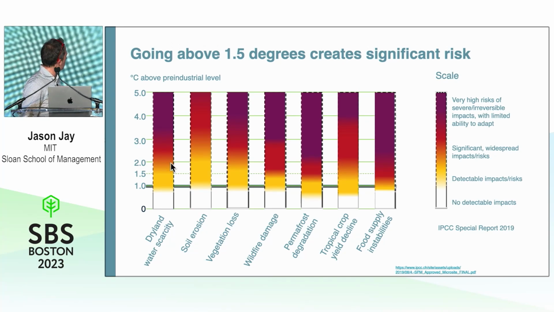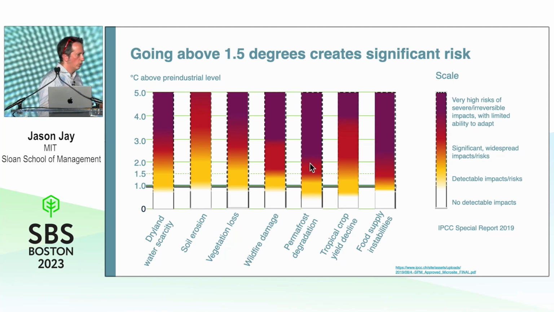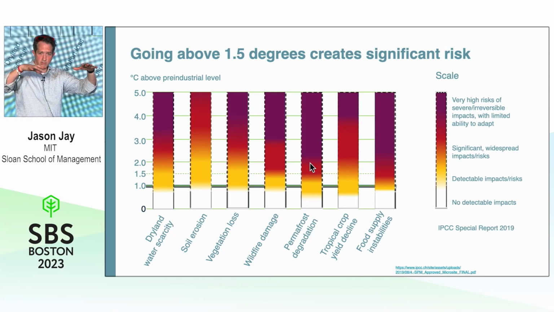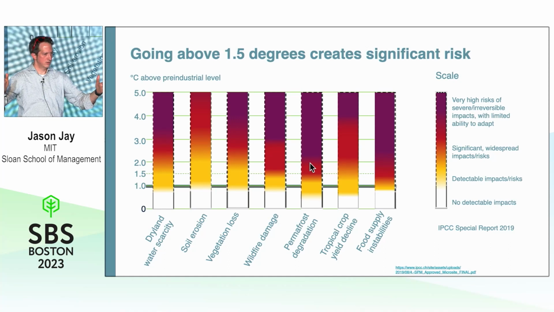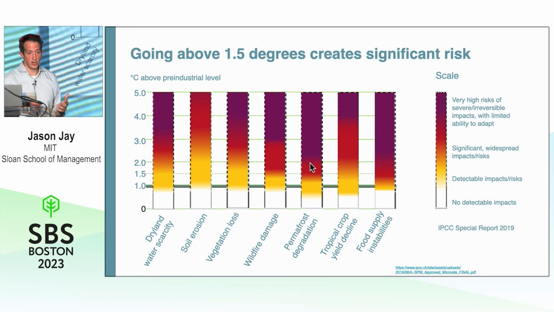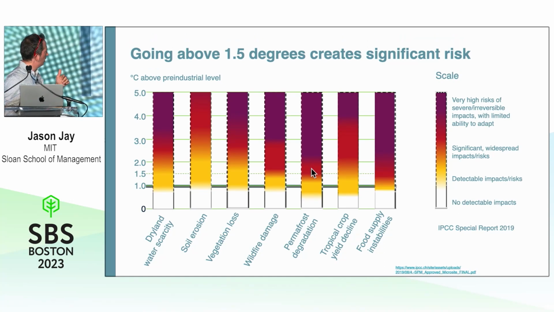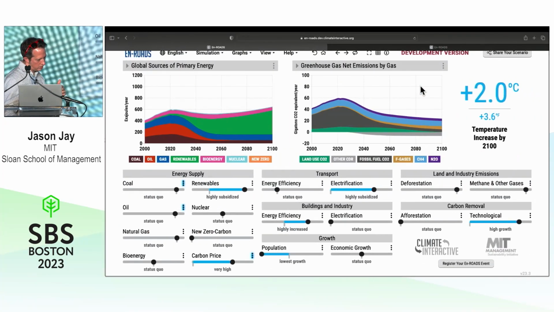You can see that 2 degrees still takes us into some pretty dangerous territory, including on what's called permafrost degradation, which is where you start at those low temperatures, you start to melt the permafrost in Siberia. Does anybody know what happens when you do that? Methane starts bubbling out. You get reinforcing positive feedbacks, risks of runaway climate change. So that's one of the reasons why people are trying to stay a bit below that level. So let's see if we can keep going.